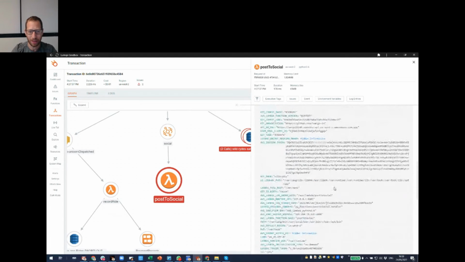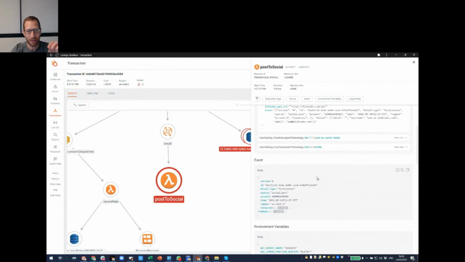These are things that we gather from a Lambda layer, for example, from running within the Lambda or the container, and available for you, again, without any code changes that you need to do.